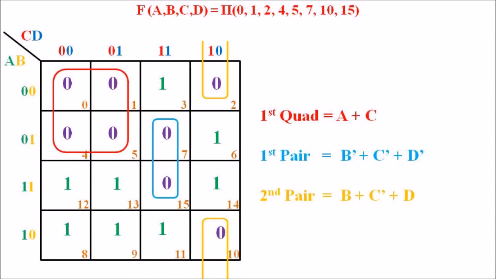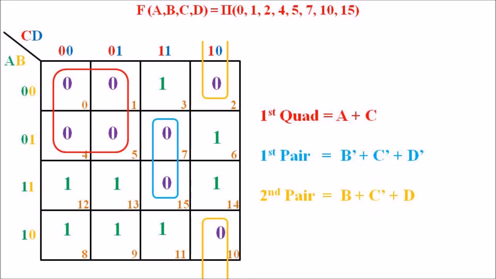So we can consider B equal to 1, that is B complement, in the final reduction, and this pair lies in the third column with the CD values 1, 1. That is, we can reduce the first pair as B complement plus C complement plus D complement. The complementing is taken because the values of B, C, and D are 1 on these cells, and the plus sign denotes the maxterm combination.